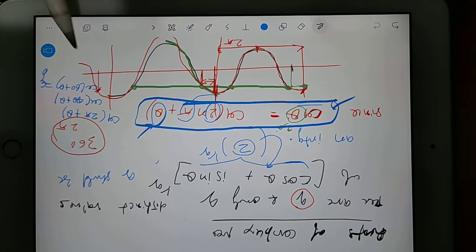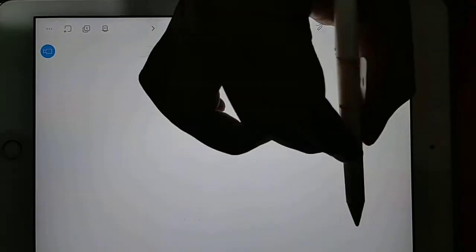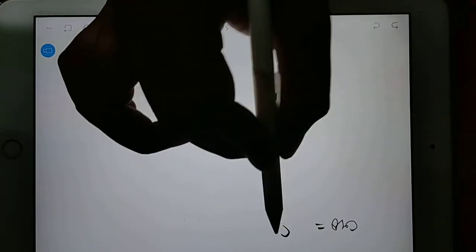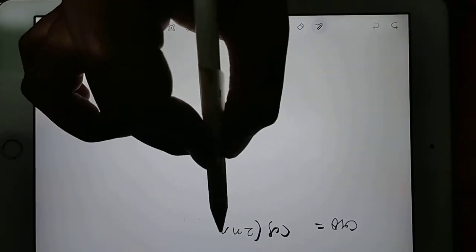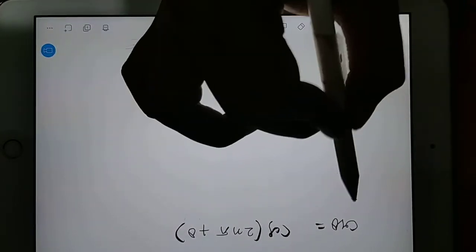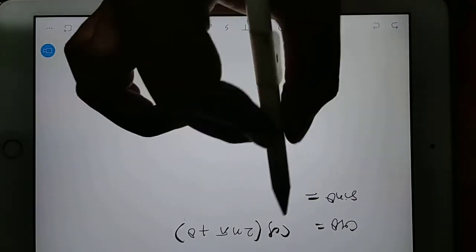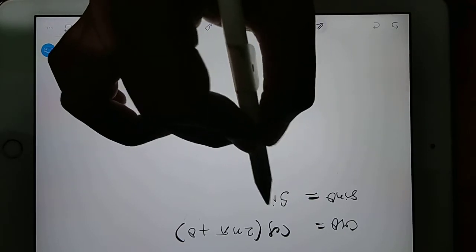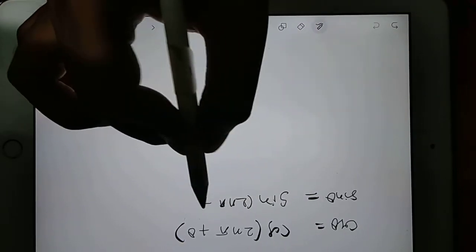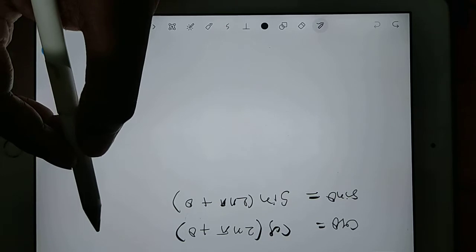Anyway, simply this is a basic trigonometry equation: cos of 2n pi plus theta is always equal to cos theta. In the same way, because the sine curve is also a sinusoidal curve, keep in mind your cos theta is always equal to cos(2n pi plus theta), where n should be an integer, and sin theta is equal to sin(2n pi plus theta). They both are sinusoidal waves.